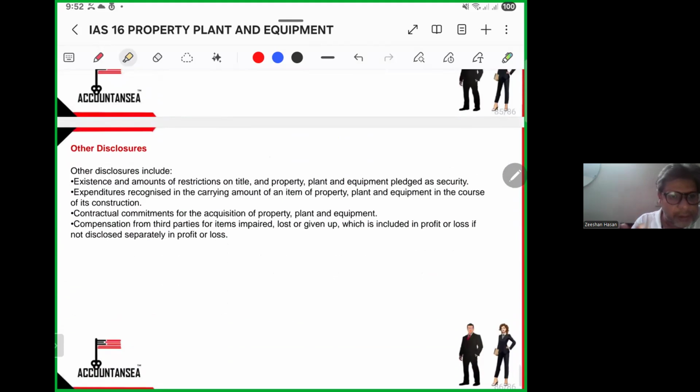What other disclosures are required? Other disclosures include the existence and amounts of restrictions on title, property, plant, and equipment pledged as security, if there is any, expenditures recognized in the carrying amount of an item of property, plant, and equipment in the course of its construction, contractual commitments for the acquisition of property, plant, and equipment, and compensation from third parties for items impaired, lost or given up, which is included in the statement of profit or loss if not disclosed separately.